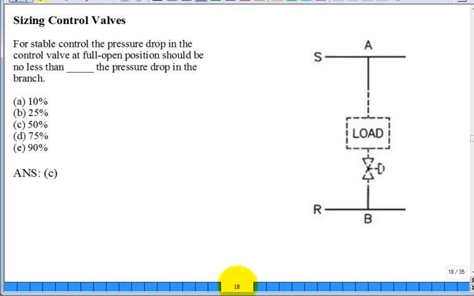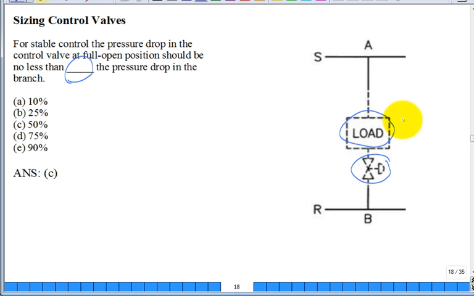Sizing a control valve. Here's a load. Here's a valve. For stable control, the pressure drop in the control valve at full open, not when it's partially closed or fully closed, but when it's fully open, should be no less than blank the pressure drop in the branch.